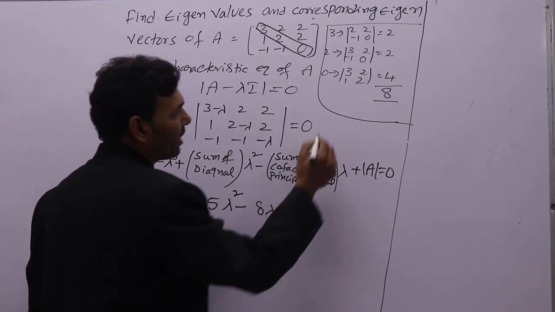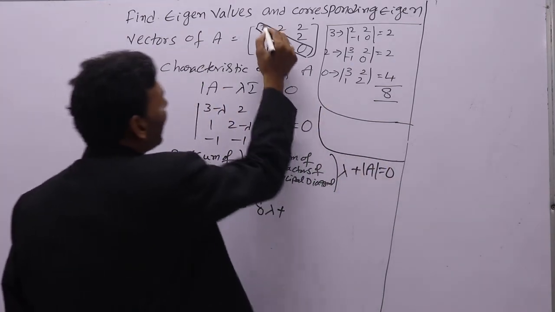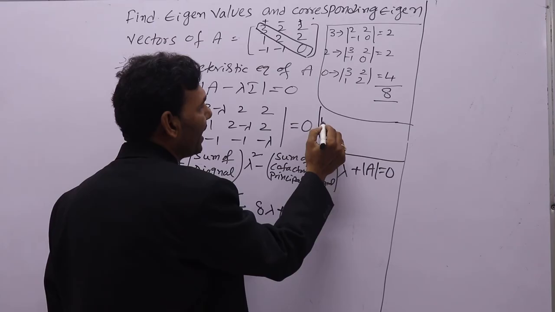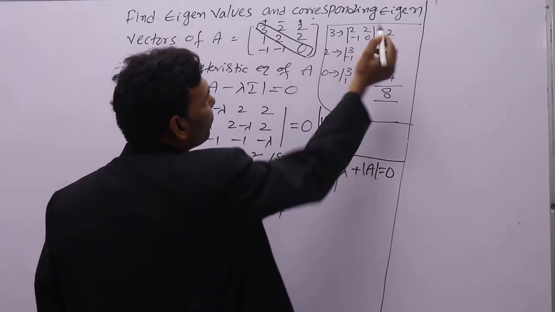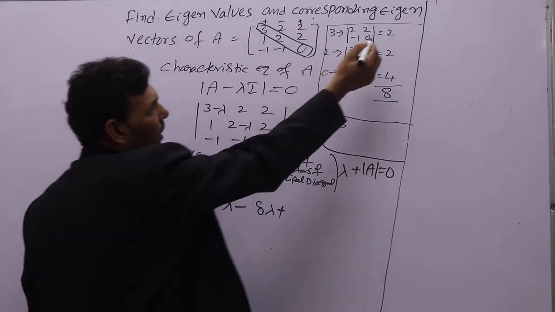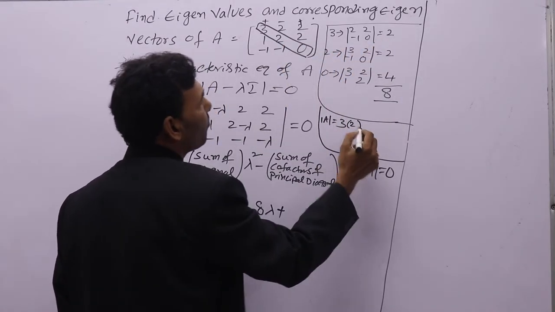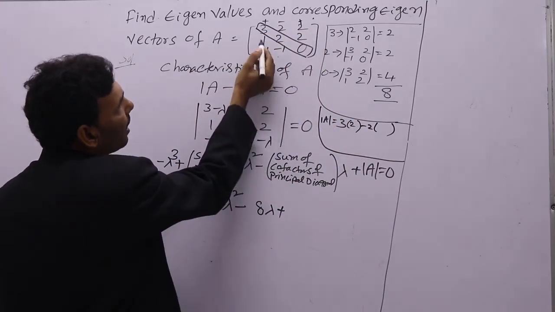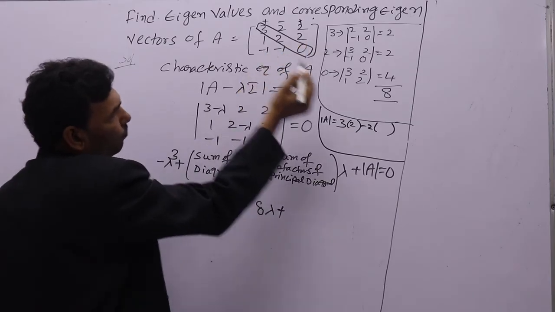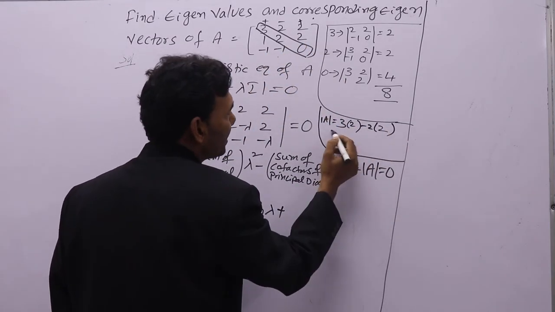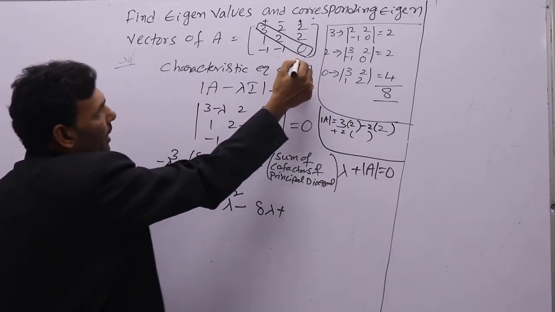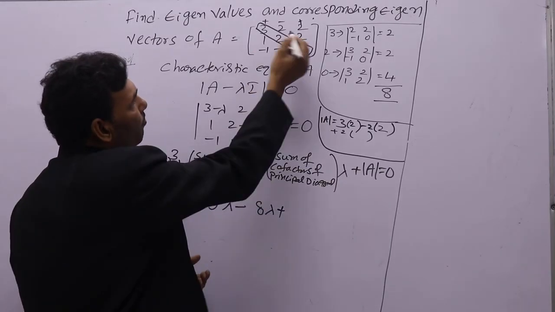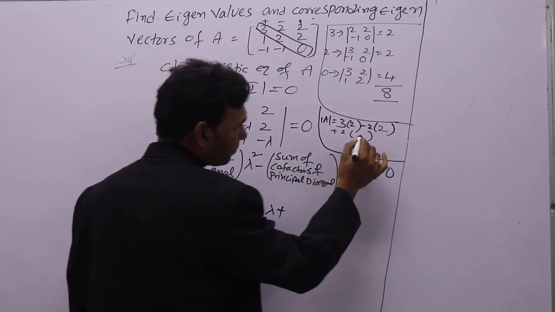Next we need to find det A. I said how to calculate det A by writing the cofactor signs plus, minus, plus. So for 3 we already calculated the cofactor, so take that 2. 3 into 2, minus 2 into (1 into 0, 0 plus 2, that is 2), plus 2 into (1 into minus 1 plus 2, that is 1).